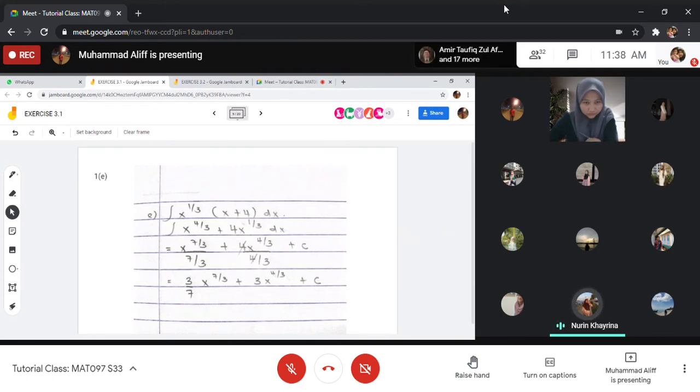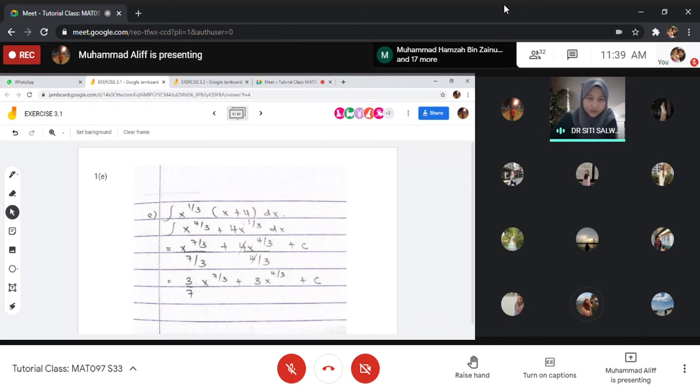Then integrate, power tu tambah 1 and then bahagi dengan 7 per 3, tambah 4x 4 per 3 per 4 per 3 tambah c. And then kita akan dapat 3 over 7 x to the power 7 over 3 plus 3x to the power 4 over 3 plus c.